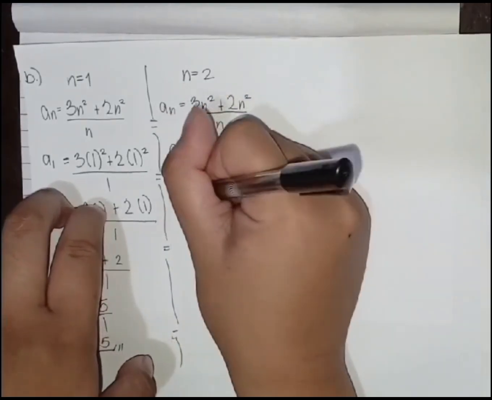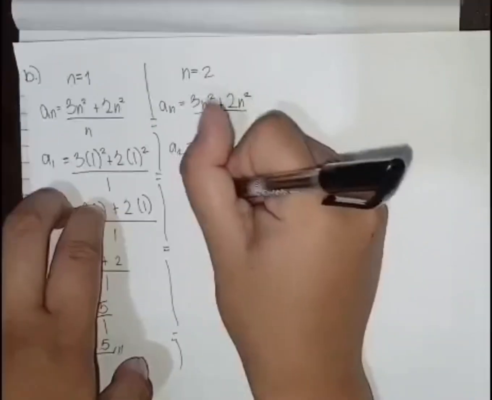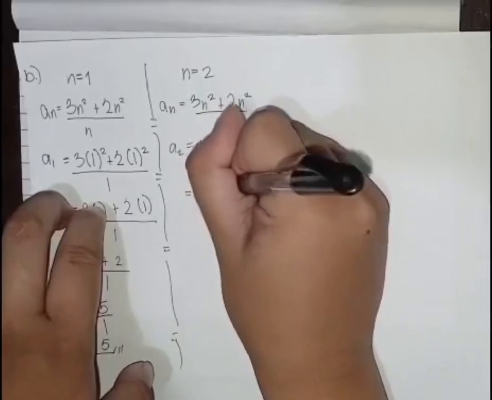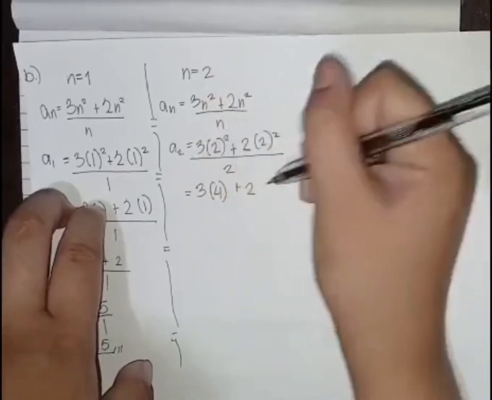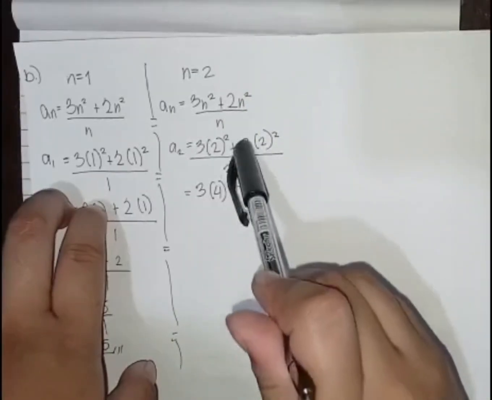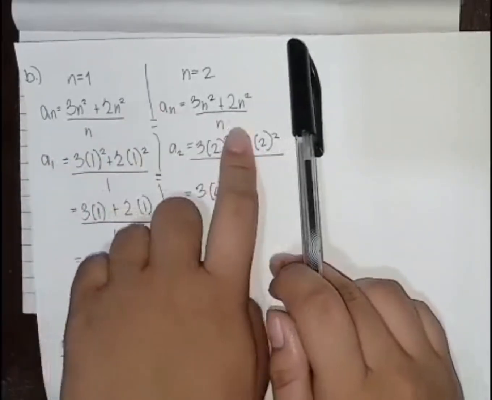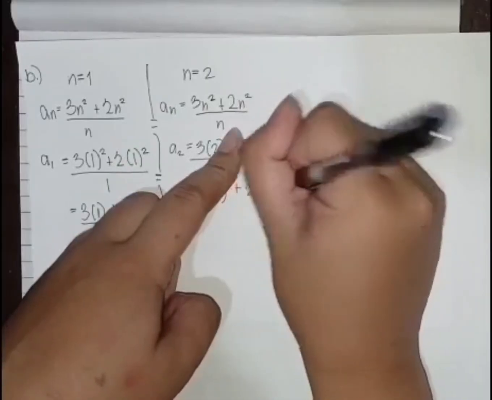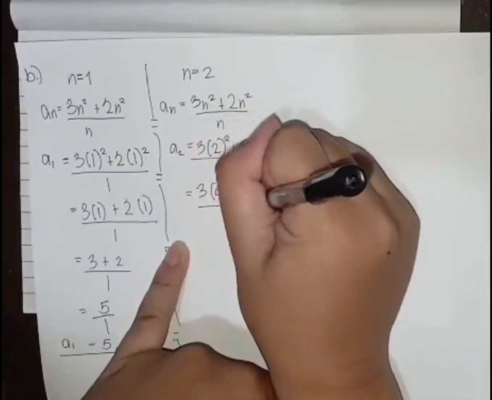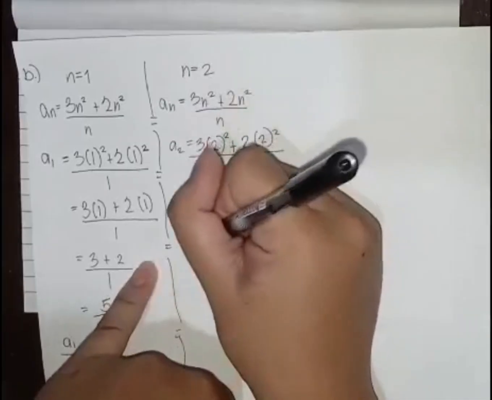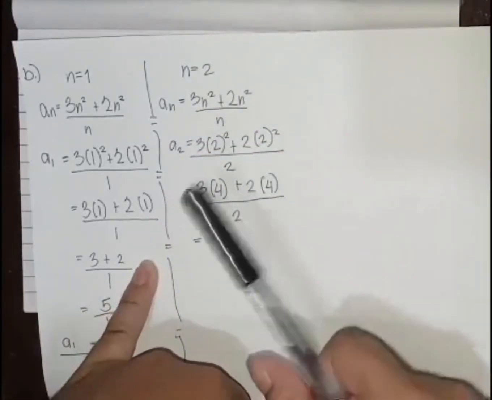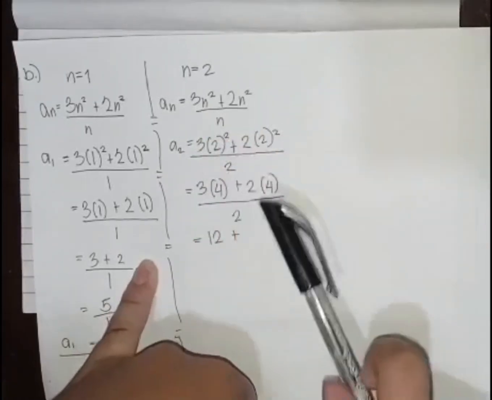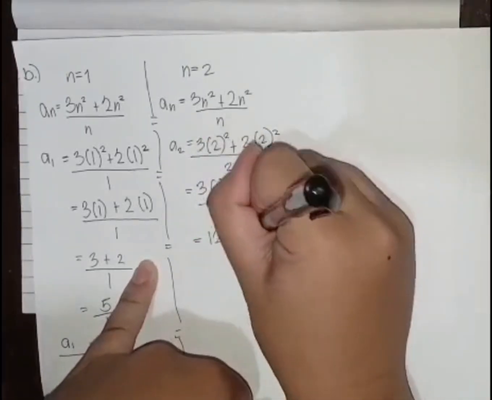Okay? And now, let us copy the 3 here. And then, 2 times 2 is 4. Plus 2. Let us still copy this. And then, 2 times 2 is 4 also. So, over 2. So, 3 times 4 is 12. Plus 2 times 4 is 8.